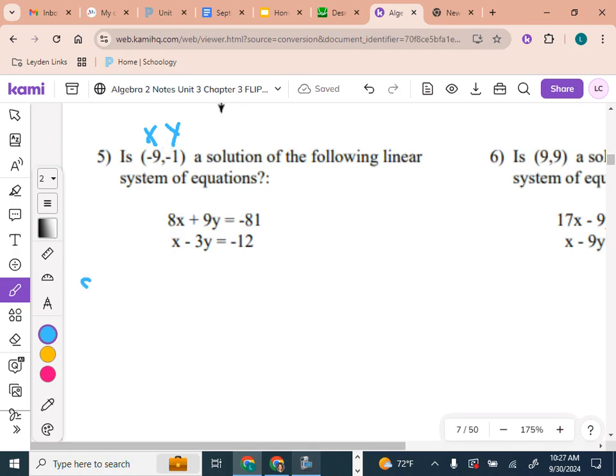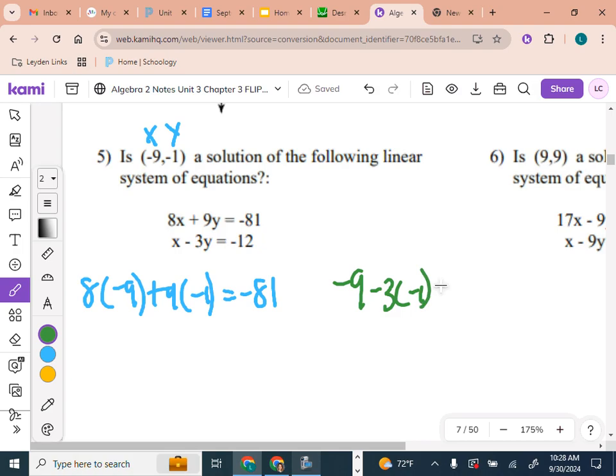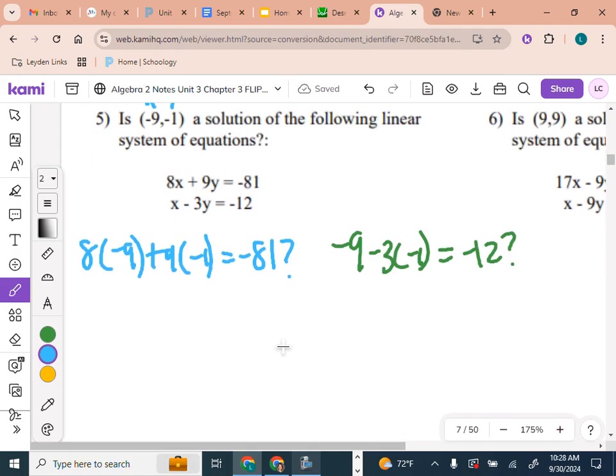So I'm going to try the first one. Remember, I'm just replacing my X with what they're telling me the solution is, and I'm seeing if it's true. What's 8 times negative 9?